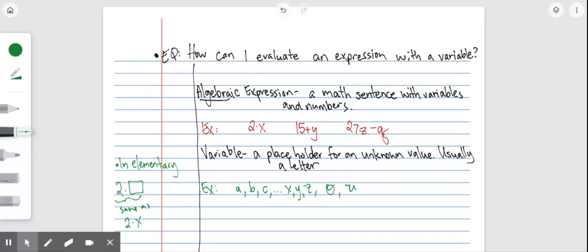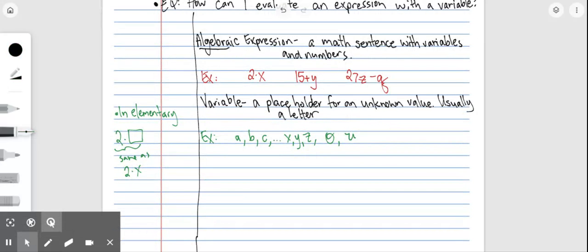The only difference is in elementary school, boxes made more sense than me putting a letter into a math sentence. Okay. And the reason why we put letters in there now is because sometimes you have different variables in the same expression. And if I put a box in a bunch of different places, it's not as clear as if I put a bunch of different letters in there. So that's why we use variables.